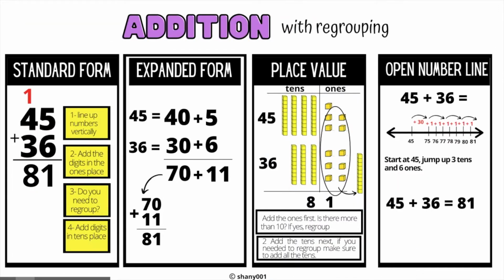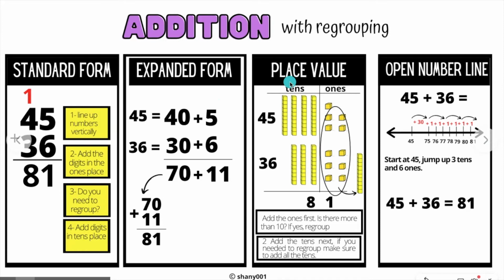Now let's look at different ways and strategies you can use to add numbers. You have the standard form. This is the regular way we add numbers. You have the expanded form. We just expand the numbers.